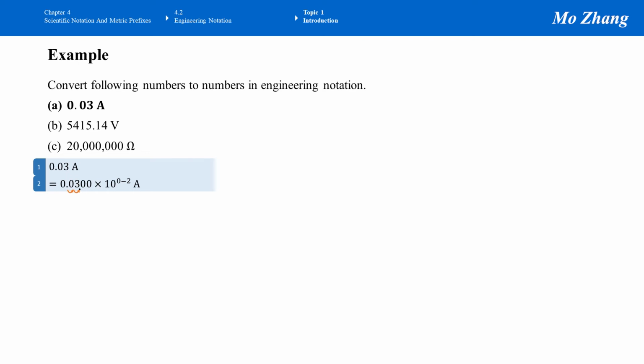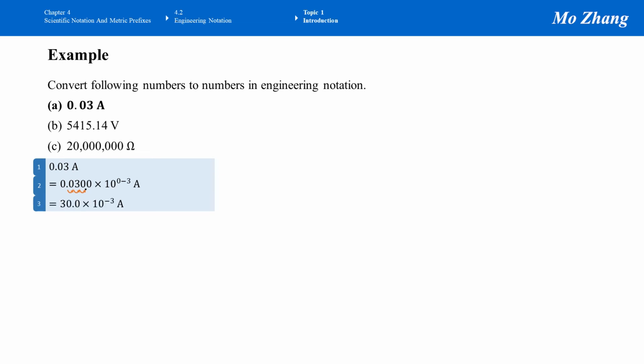So that implies we shouldn't move the decimal point to the right twice. How about we move it 3 times? If we move the decimal point to the right 3 times, the exponent needs to subtract 3. That becomes negative 3, and negative 3 is a multiple of 3. Therefore, we should move the decimal point to the right 3 times.